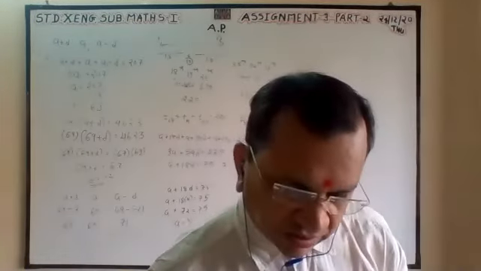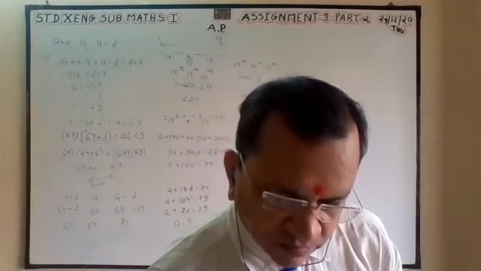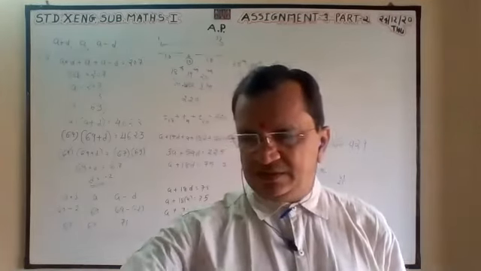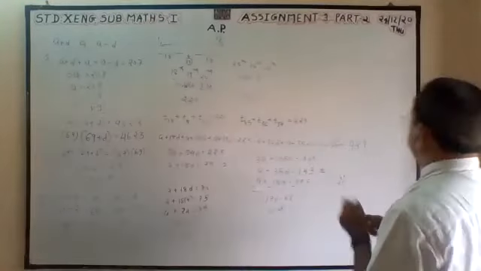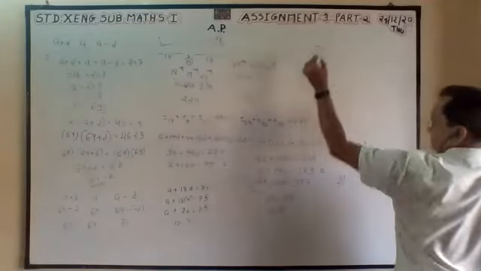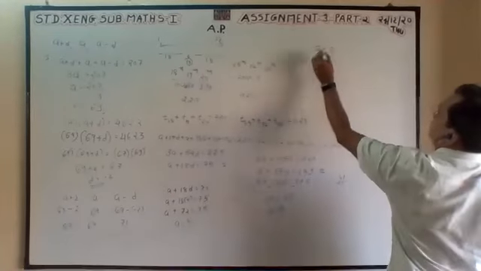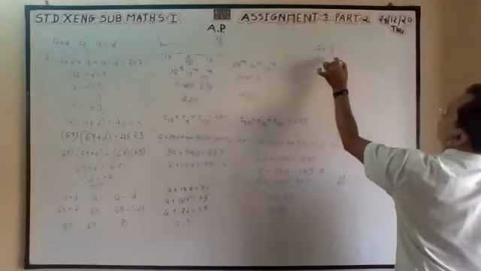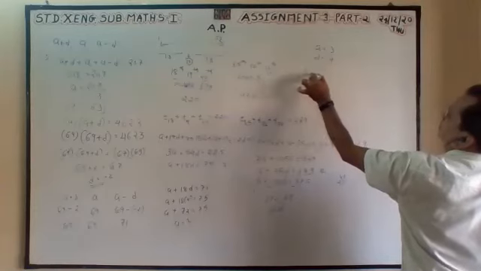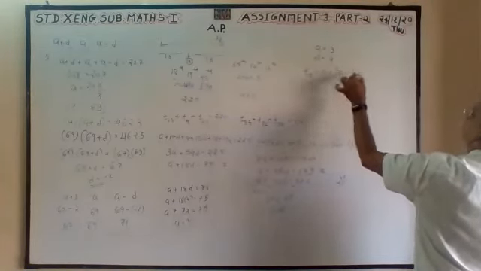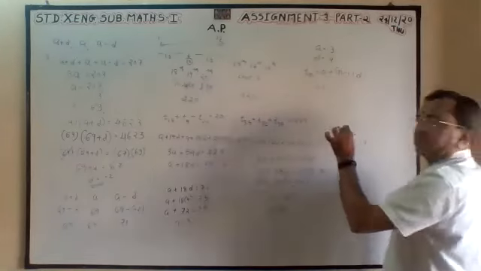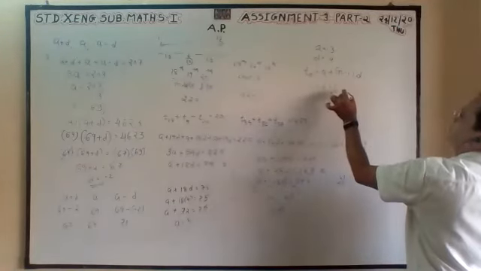Now what is the question? Write the AP. A is equal to 3, D is equal to 4. Tn is equal to A plus (n minus 1)D.